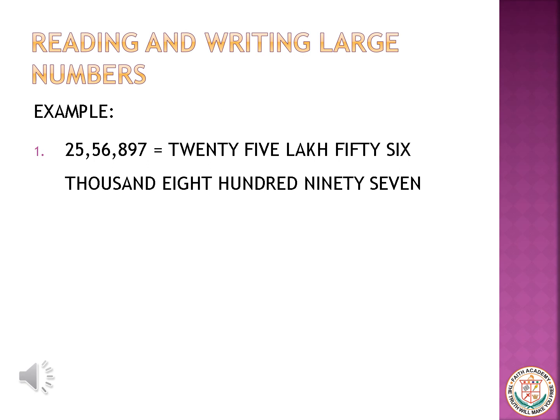So now we can see that there are 3 periods here, and they are lakhs, thousands and ones. And so the number becomes 25,56,897. Now I want you guys to write the answers for the other 2 examples yourself and tally your answer.